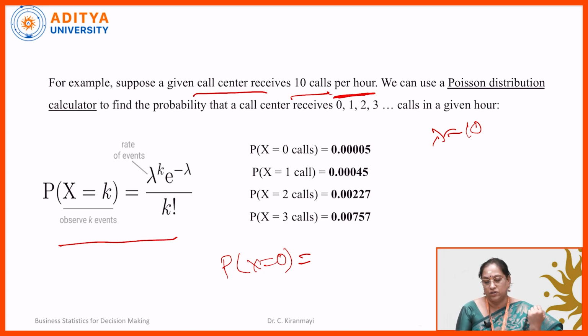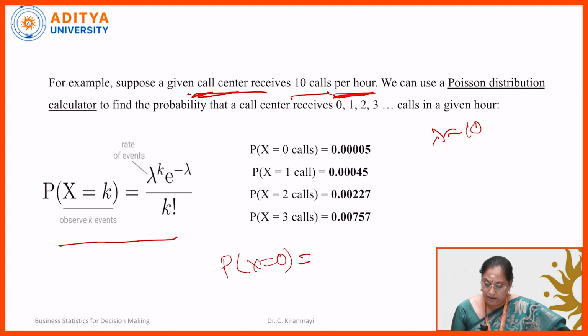The occurrence of the event is in continuous time, and also the event, that is receiving calls, is a rare event. Therefore, we have to use Poisson probability here.